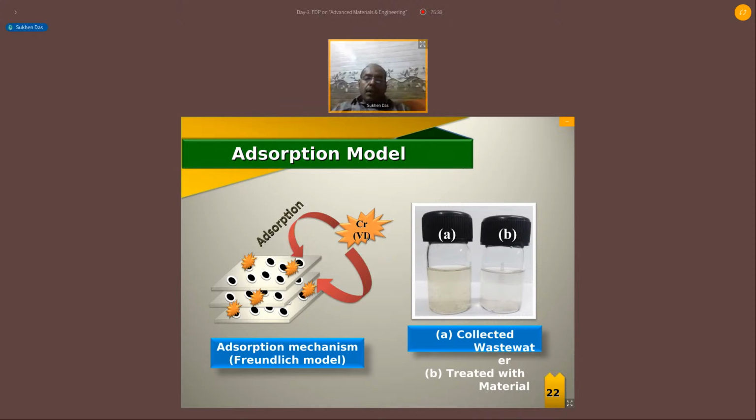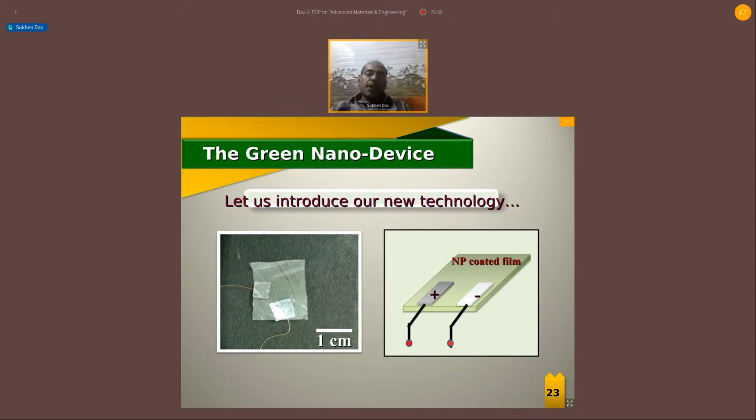Now one thing is there. We have done all these things to identify the chromium and other things. This is a little bit time consuming, and not only that, to do this we need a PL instrument, that is the fluorescence property instrument, which is costly, and this fluorescence instrument is not portable, so we have to go to the laboratory to find out the presence of the chromium and the percentage of the chromium.